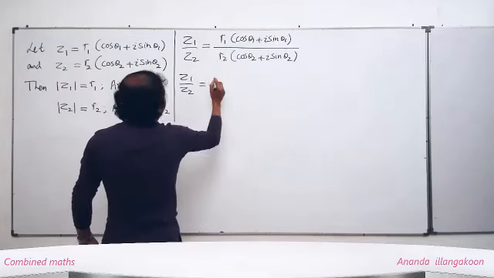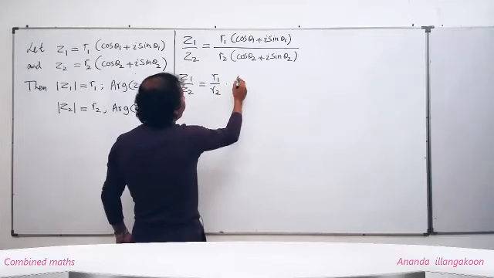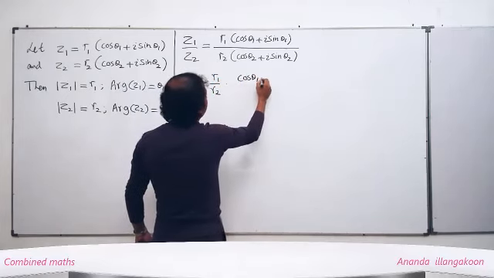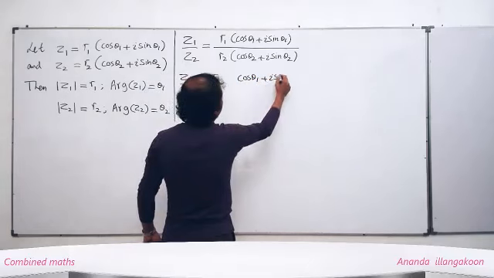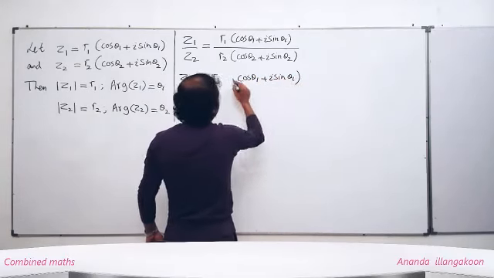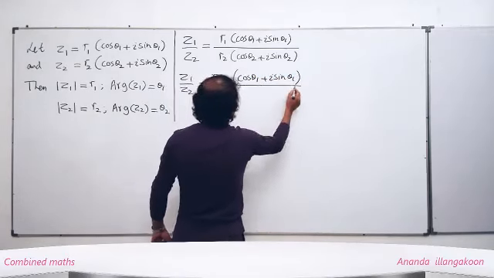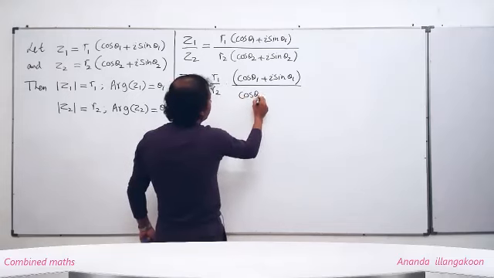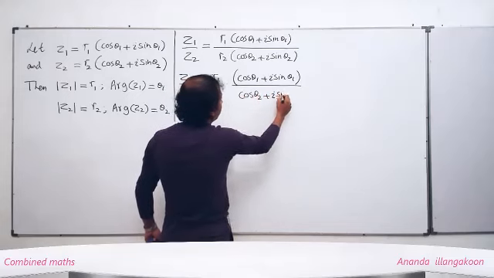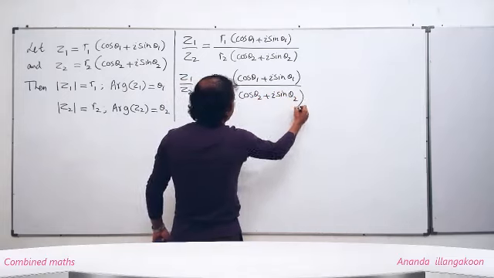These two are positive real numbers. I keep them like this, R1 by R2. And this is written as cos theta 1 plus I sin theta 1 divided by cos theta 2 plus I sin theta 2.